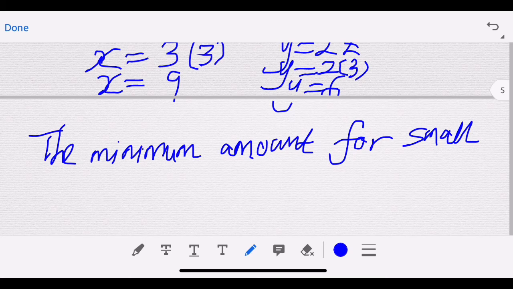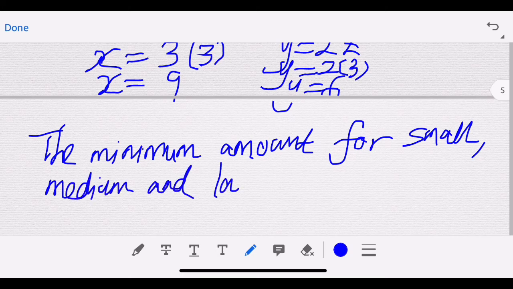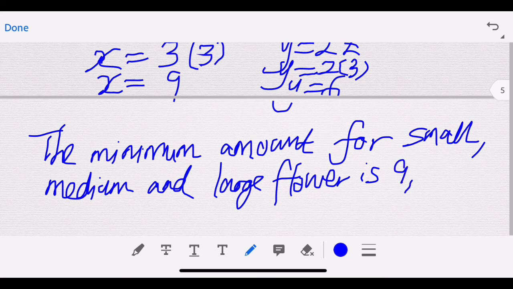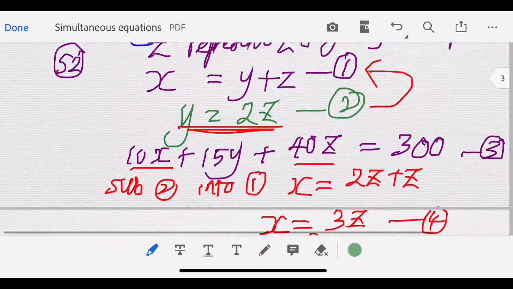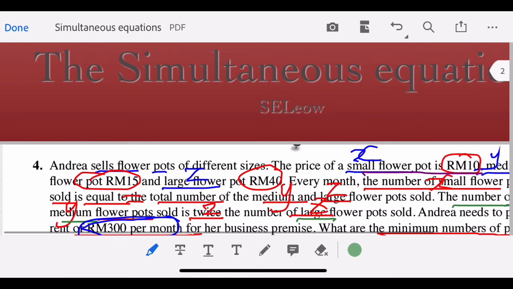The minimum amount for small, medium, and large flower pot is 9, 6, and 3 respectively.